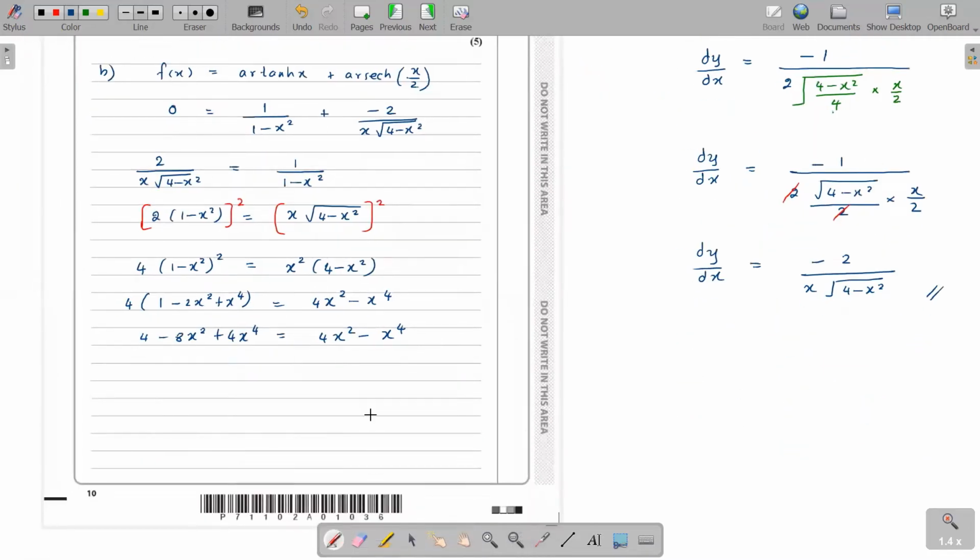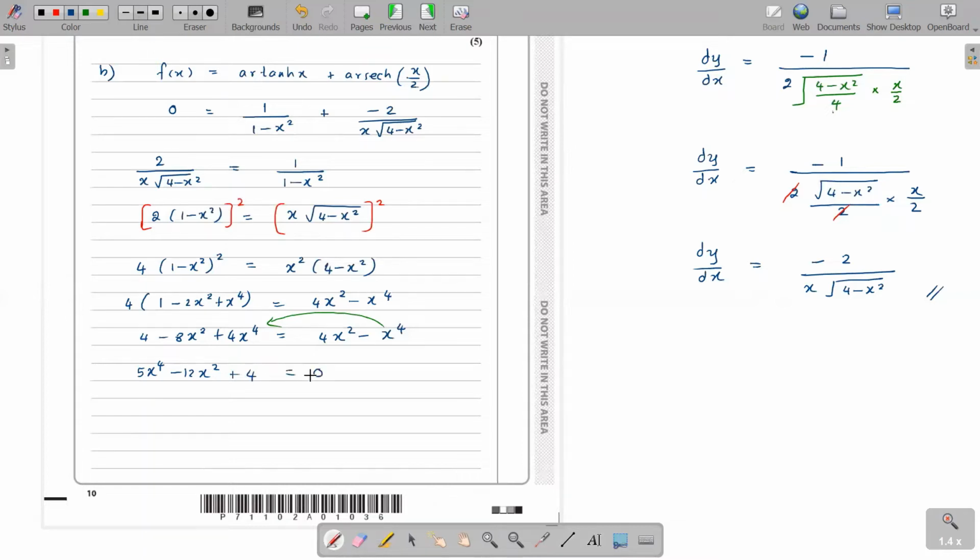So what do we get as the final answer? Take everything to one side. Minus x to the power 4 comes this side as plus x to the power 4. 4x to the power 4 plus 1x to the power 4 is 5x to the power 4. And then minus 8x square and minus 4x square, when it comes this side, gives you minus 12x square, and then plus 4. This is okay?